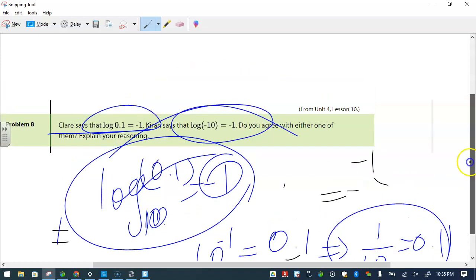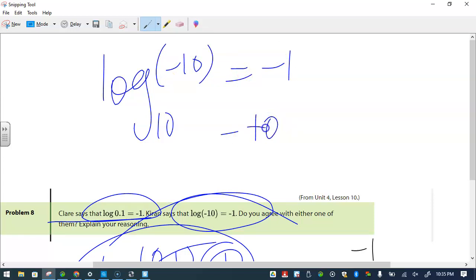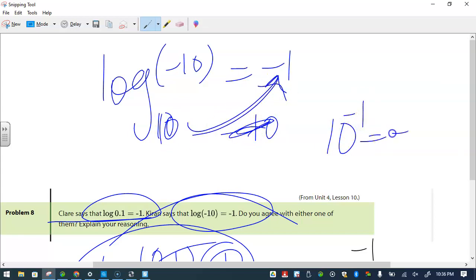What about this? Do you agree? And this one, logarithm to the base 10 of minus 10. What does this mean? The base goes and you push this up at minus 1. Do you agree with this? This answer is 1 over 10 and this answer is 10. How can they be equal?